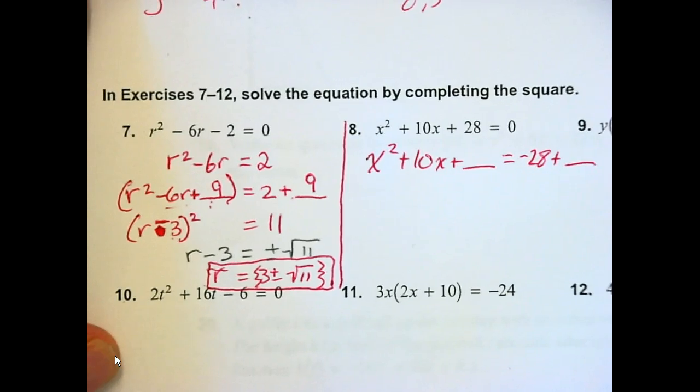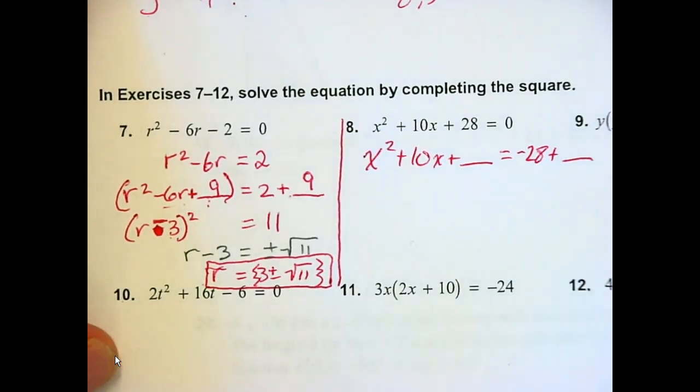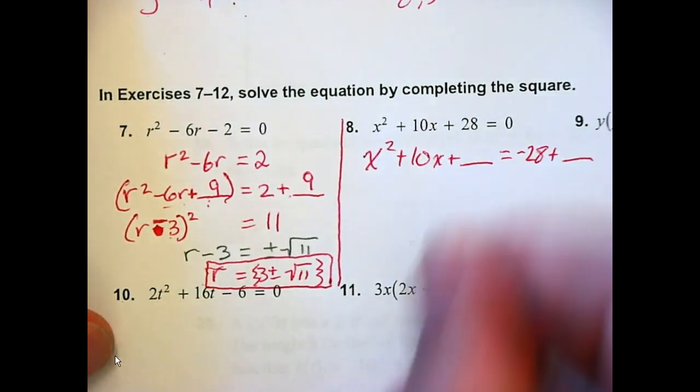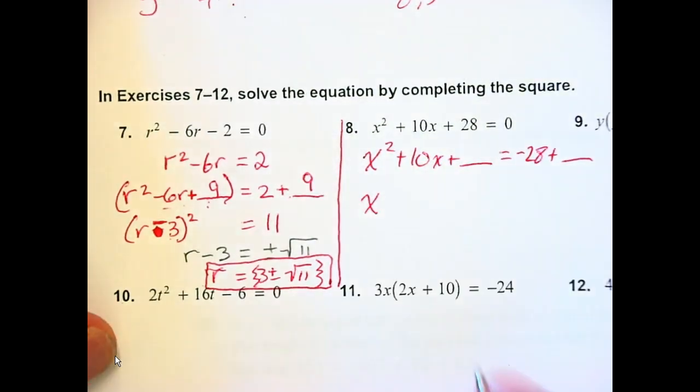So, wait, I don't even understand. I guess I do understand. It's just weird. Why is there 28 just chilling? Like, just because? Well, because not everything's always perfect.